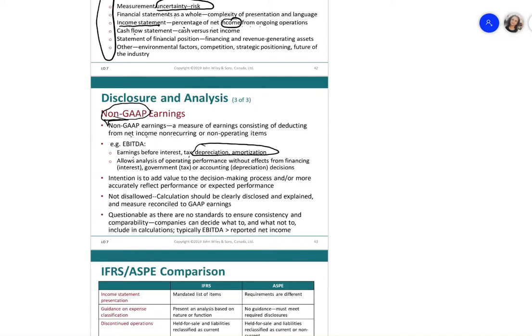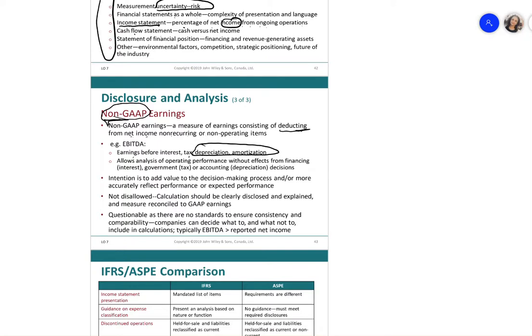Those two, if you think about it, depreciation is a non-cash item, amortization is a non-cash item. So those are some of the things that we deduct, but they're not making any difference. They're non-cash items. They are part of the expenses, but they're non-GAAP earnings.